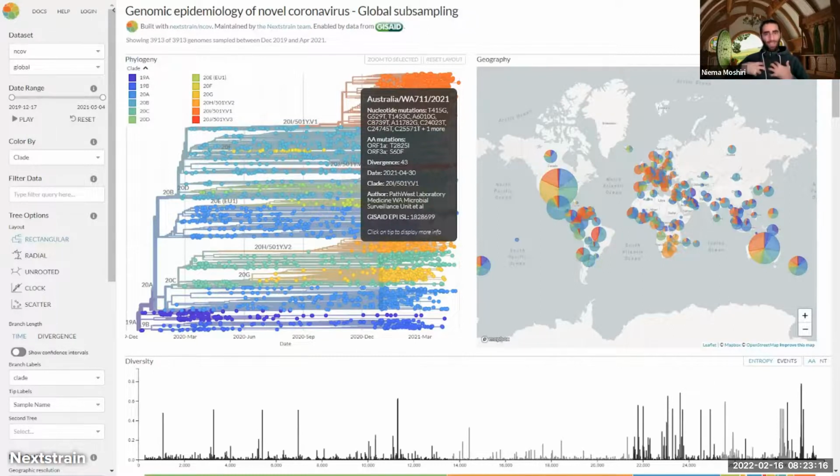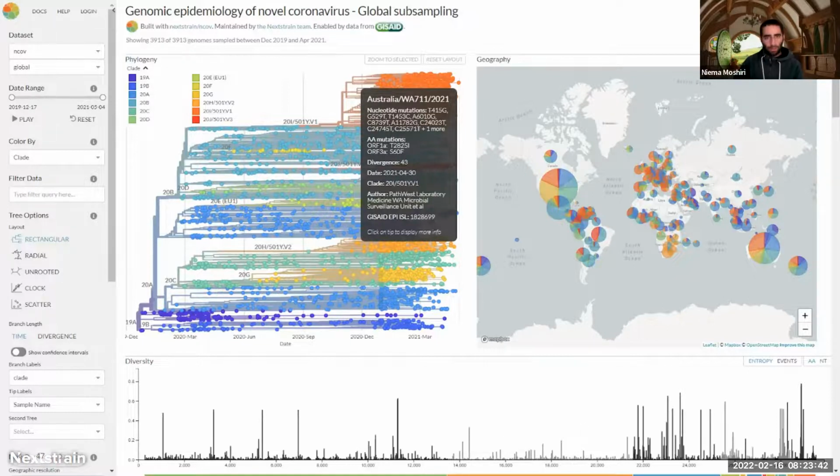Your body builds antibodies that can target that specific part of the virus, but then the virus mutates, and now your antibodies can no longer recognize the newly mutated versions of the virus. So if we can have a vaccine that targets a part of the virus that doesn't change very frequently, hopefully our antibodies will still be able to recognize that portion of the virus.